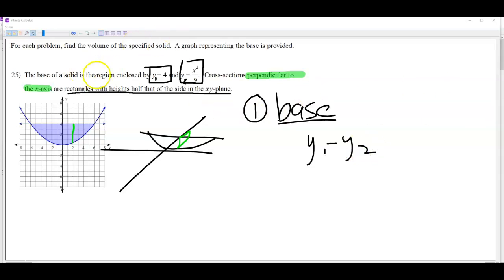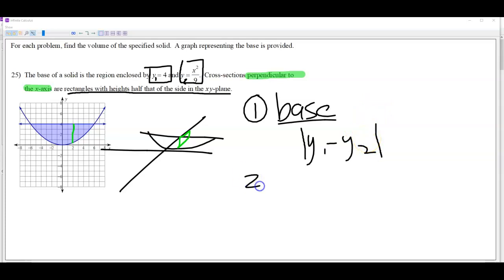This actually is the y1 function at y equals 4, and this one's the y2 function, which is the quadratic. But once again, just to be safe, you can always just put an absolute value bar on those so that you don't screw it up and accidentally guess wrong, right? So there's my base length of my rectangle.